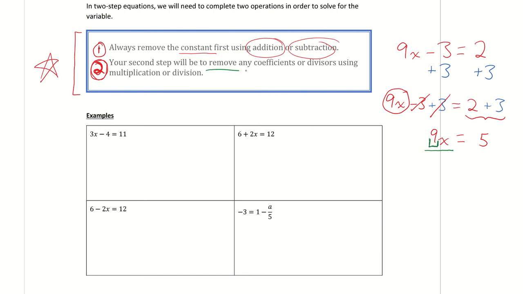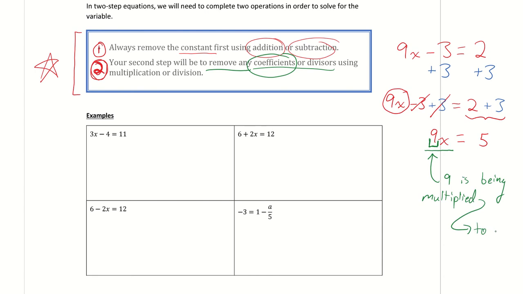And what we need to do is remove any coefficients or divisors using multiplication or division. So how do we remove this coefficient of 9? Well, we have to think about what this coefficient of 9 is doing to x. This 9 is being multiplied against x. So how can we get rid of that?